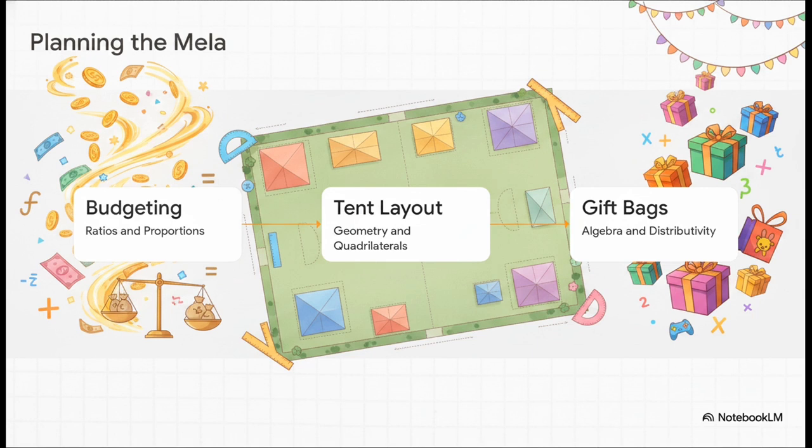Step 2 is the tent layout, figuring out how much space we have for game stalls and how to set the boundaries. For that, we rely on geometry and quadrilaterals. And step 3 is preparing the gift bags. To divide the prizes perfectly among the winners, we use algebra and distributiveness. See? Every single real-world action here is powered by these exact keywords from our map.